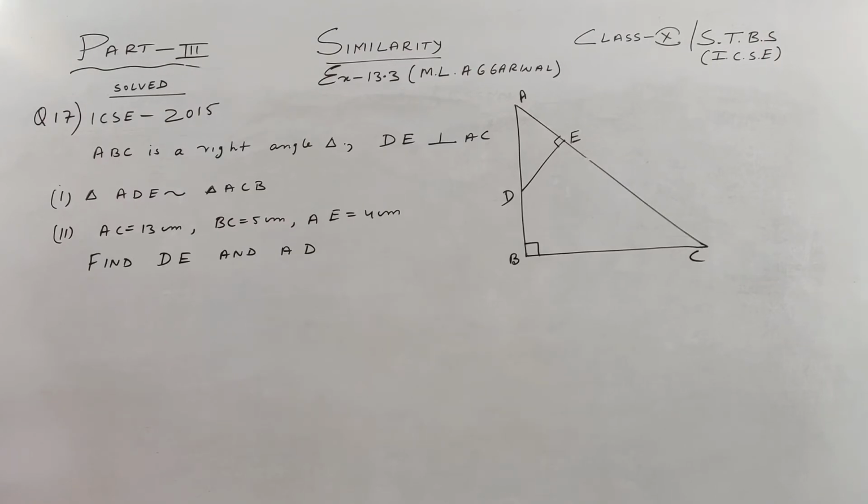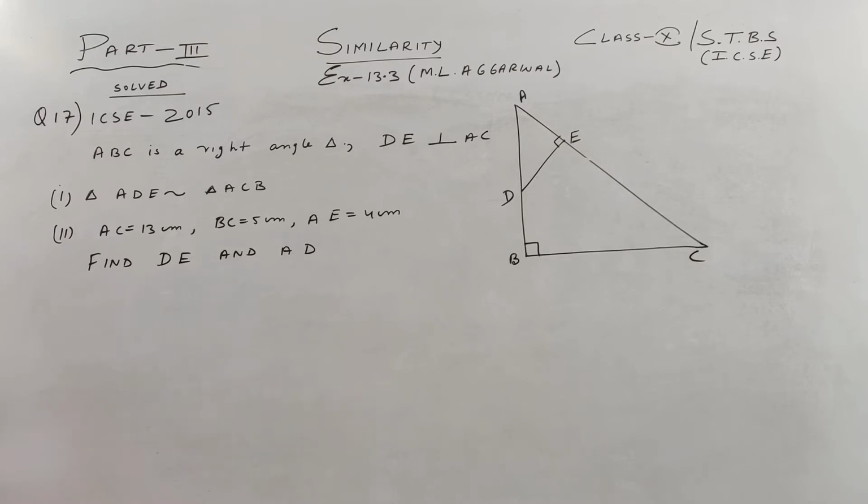So let us see ICSE 2015, which is question 17 of ML Agrawal's book, exercise 13.3. So the question, if you see, ABC is a right angle triangle at B and DE is perpendicular to AC.